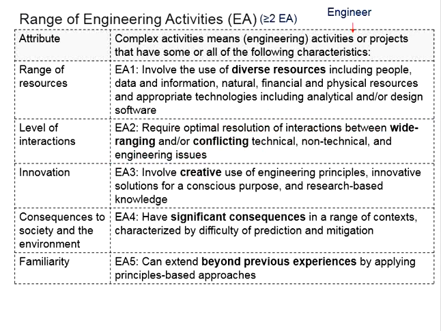The relevant activities can be technical or non-technical and also can be related to the engineering. There will be interactions between wide-ranging or conflicting issues. That means there are definitely going to be more than one issue in order to have the interactions.